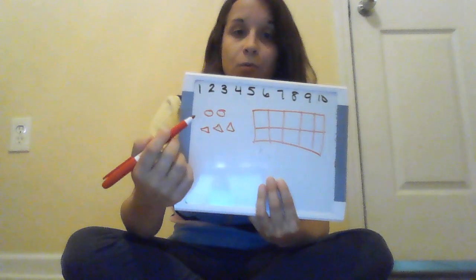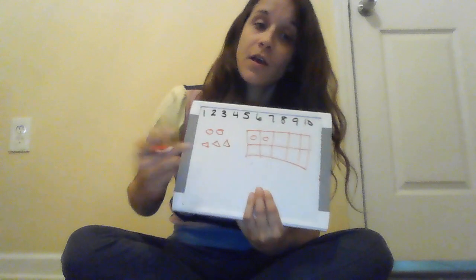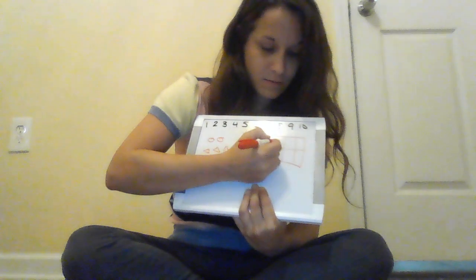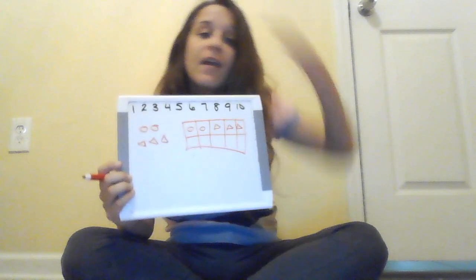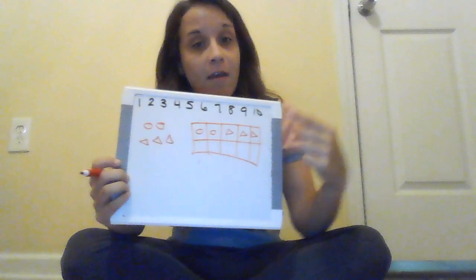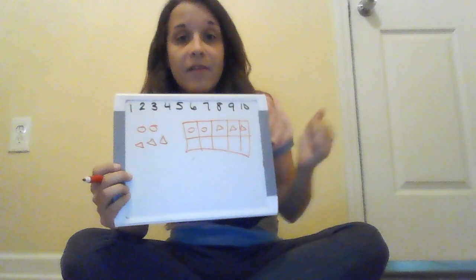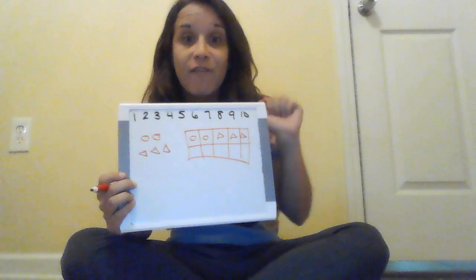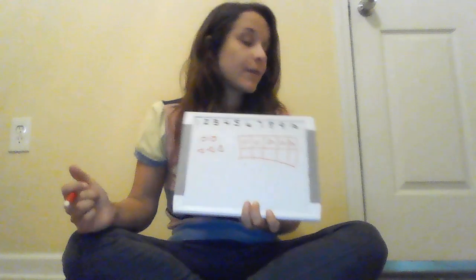So there were 2 dogs and 3 birds and that's still giving me 5 animals in the park all together. I know when the top row of a tens frame is full, that means that there are 5. So really quickly, I know that there are 5 animals altogether.